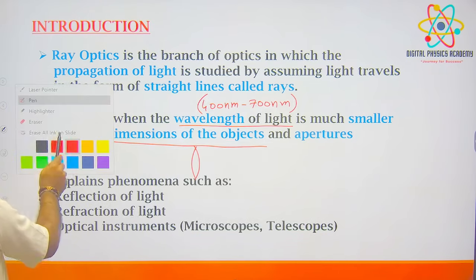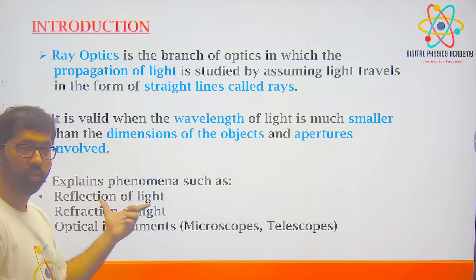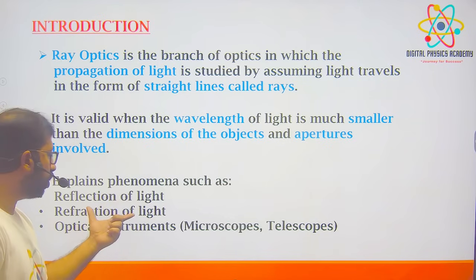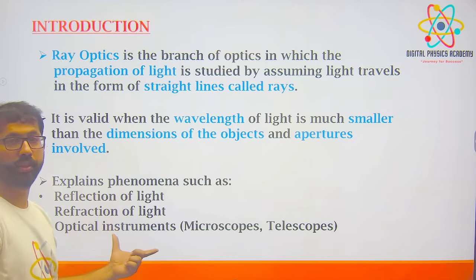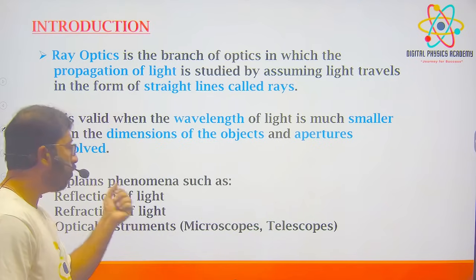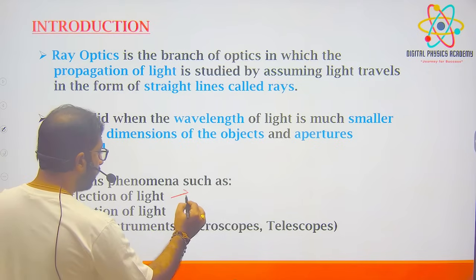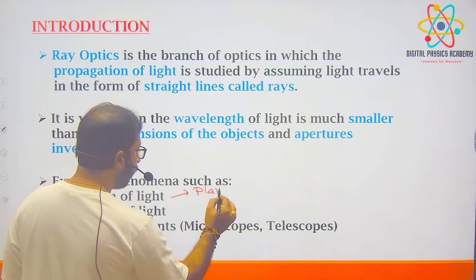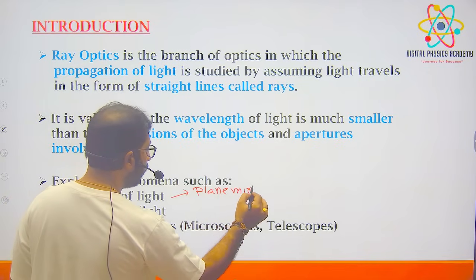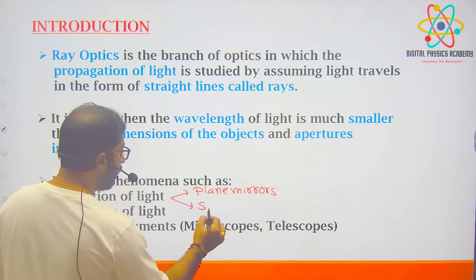Next. In this chapter, what are the things we are learning? First, we are learning about reflection of light, refraction of light, and optical instruments like microscope and telescope. Reflection of light, we are studying two things. One is reflection through plane mirrors and reflection through spherical mirrors.